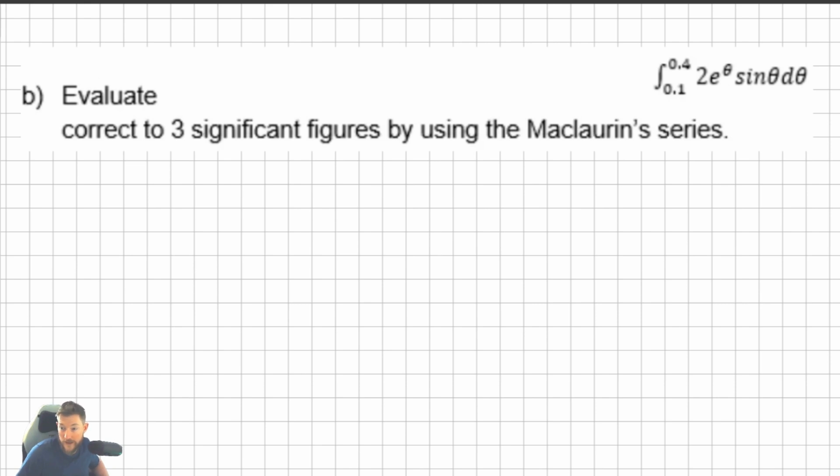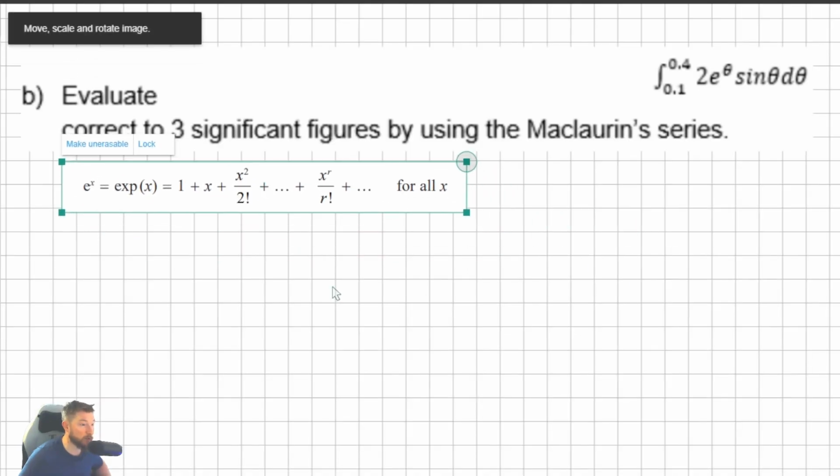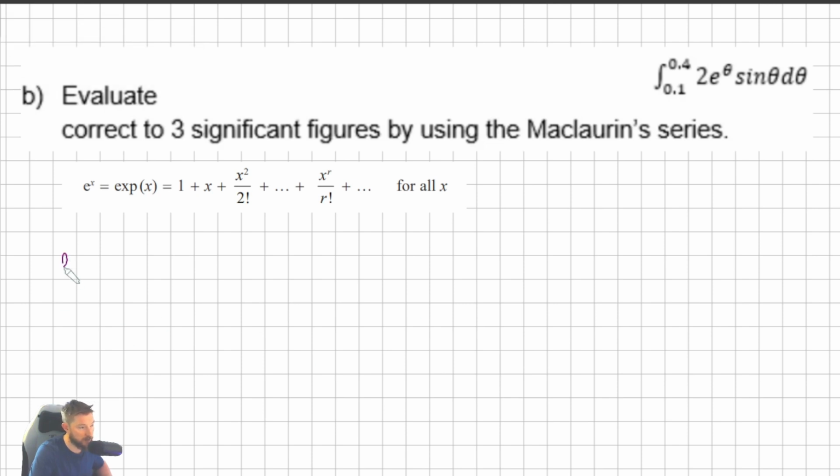So using this same expression from the formula book earlier, we can rewrite the integral as, going from 0.1 to 0.4, 2 times some terms out of this.